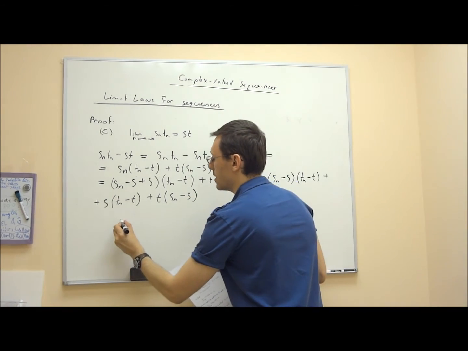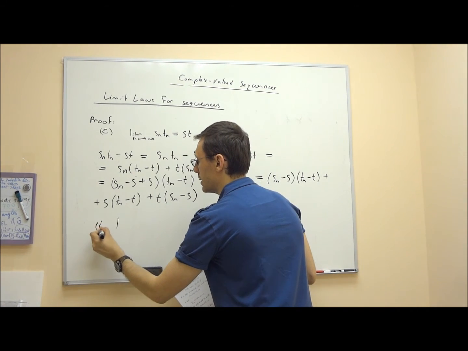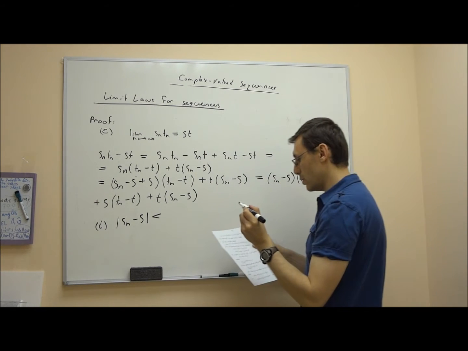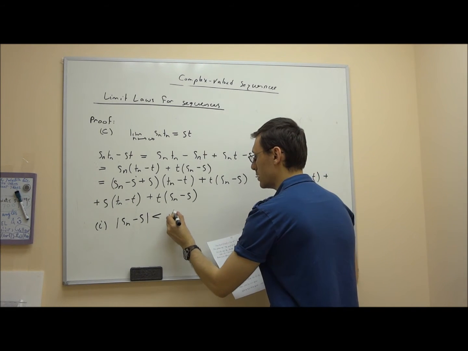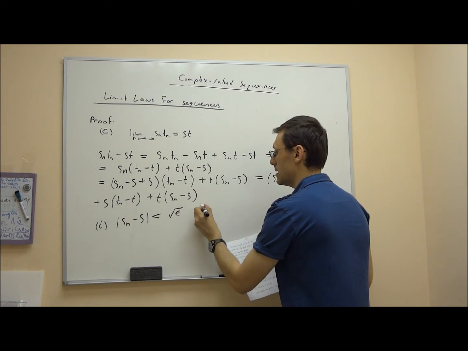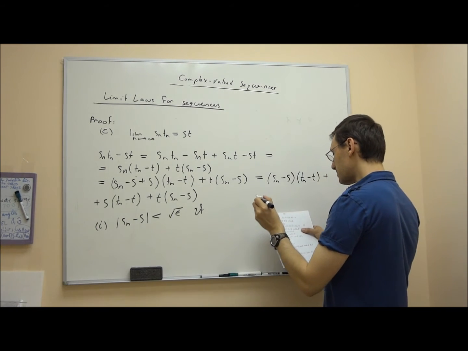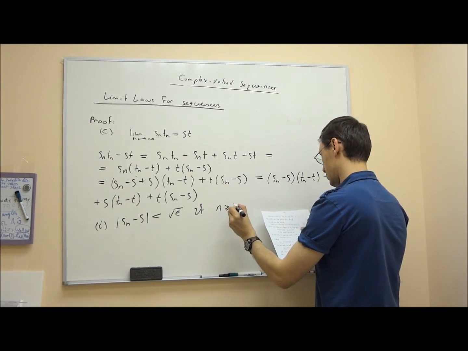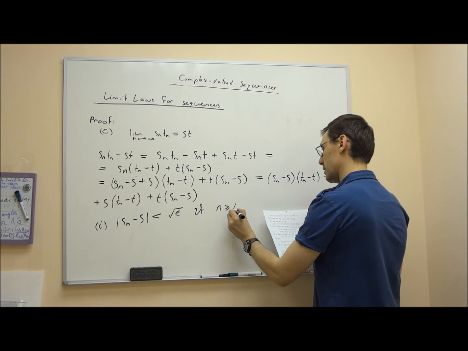And then we observe that we can make Sn minus S arbitrarily small. We can make it in particular smaller than root of epsilon if n is bigger than or equal to some capital N1.